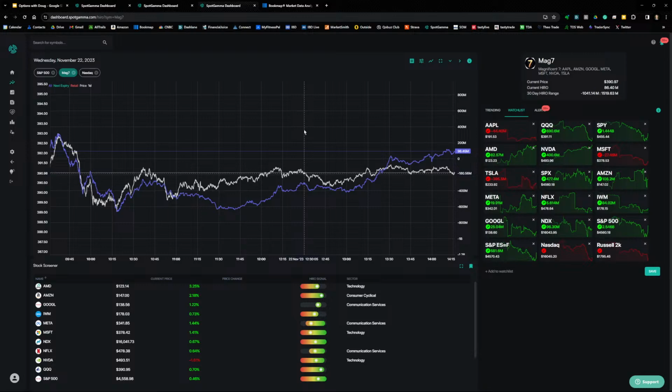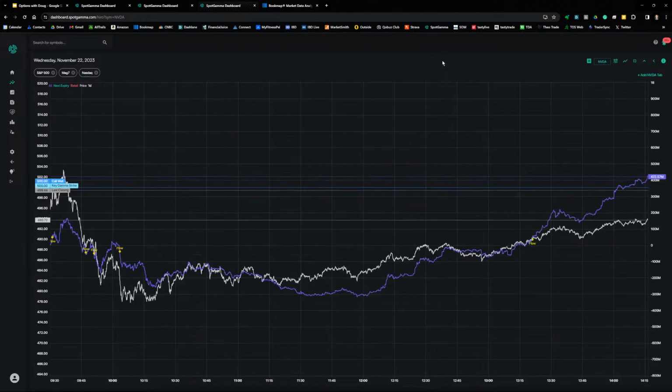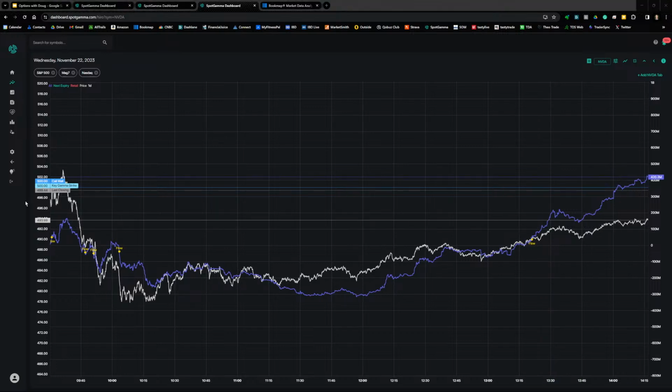All right, let's take a look at some stocks. So first of all, I want to start with Nvidia. In the news today, or actually yesterday, and this 500 level call wall key gamma strike has been definitely in play the last couple of days.